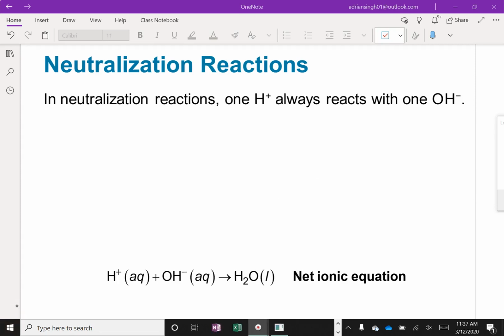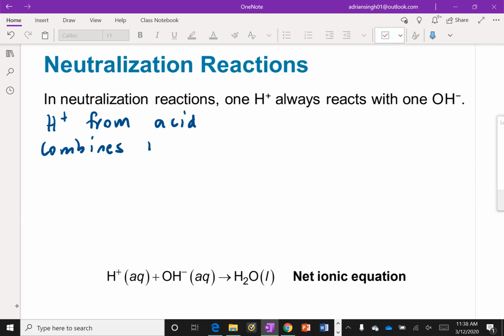When you look overall at what's happening in a neutralization reaction, what's really driving it is the H plus that the acid produces combined with the hydroxide that the base produces. Now we can make a little more sense of what's happening here.